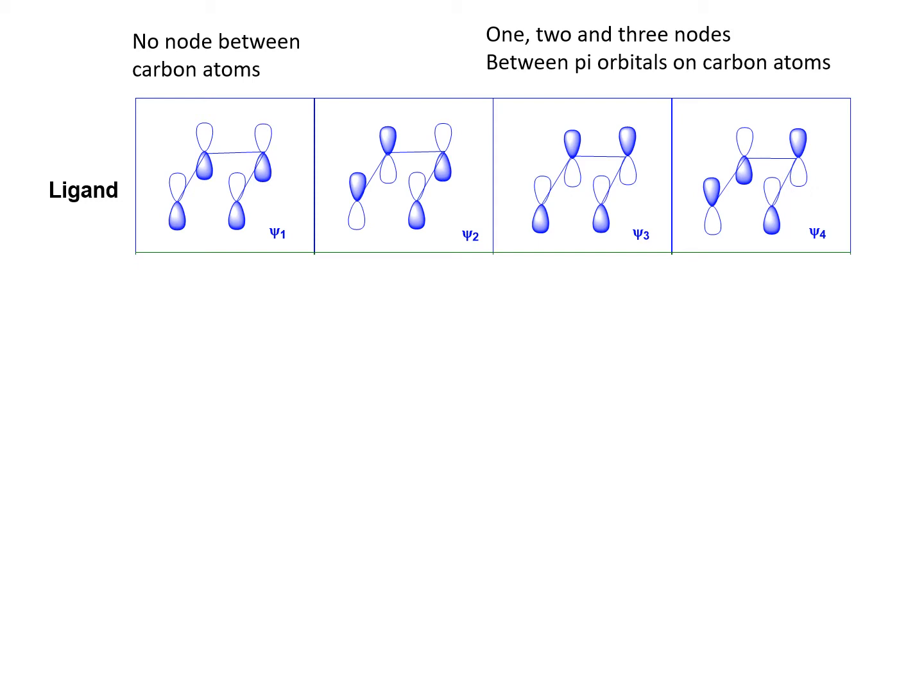Psi2, on the other hand, has one node, and that node could be drawn right here. And when it comes to Psi3, you find that there are two nodes, these two nodes. And then for Psi4, you have three nodes.